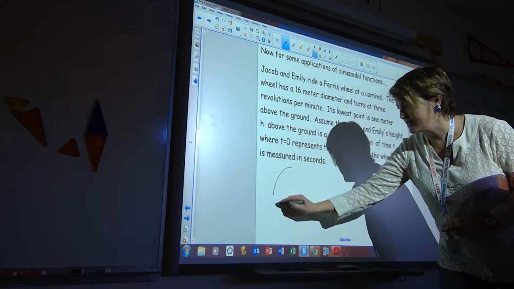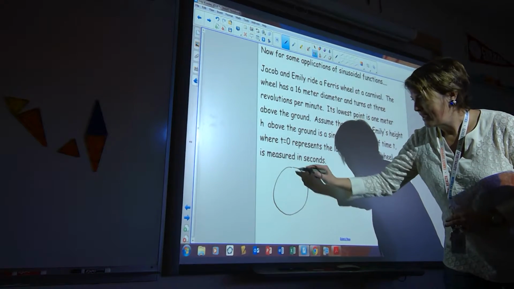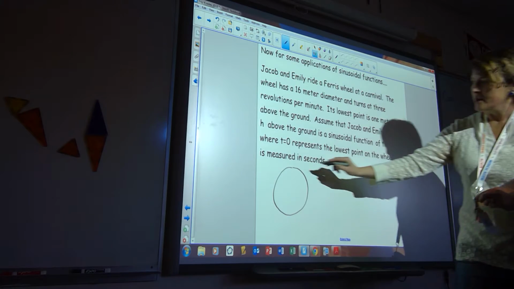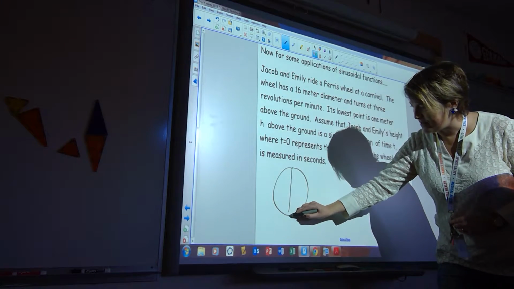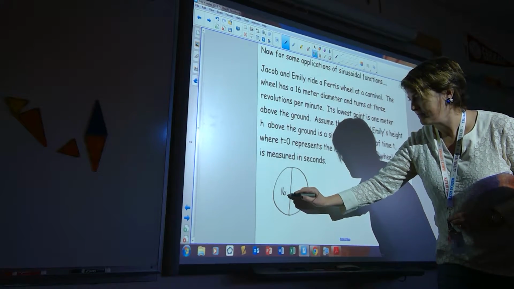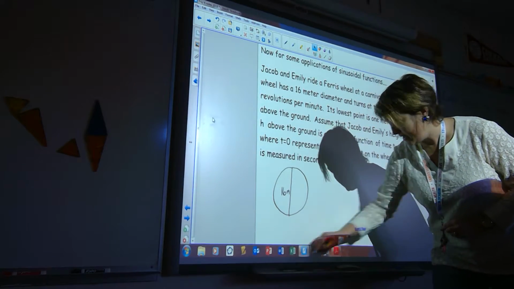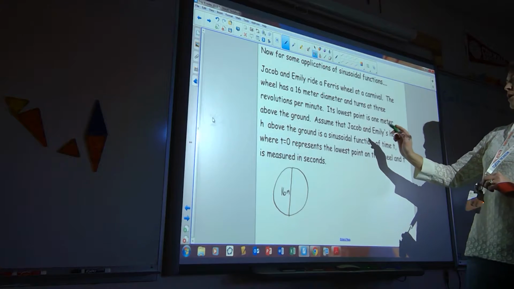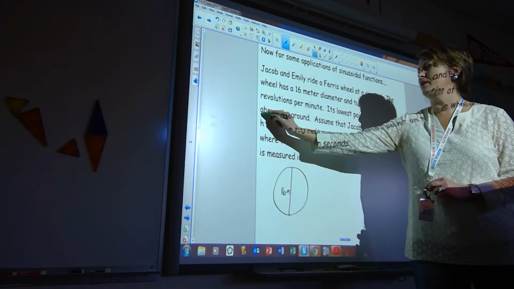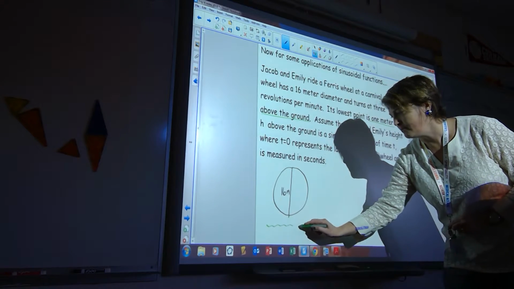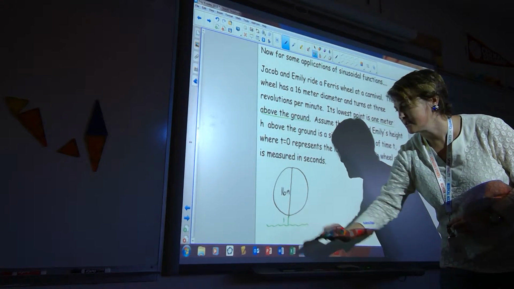All right, so we've got a Ferris wheel, and let's put all of the information in the context of the picture. It is a 16-meter diameter, and it is 1 meter above the ground. So the ground would be down here, and this is a distance of 1 meter.